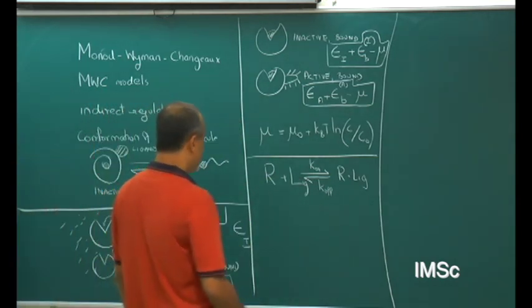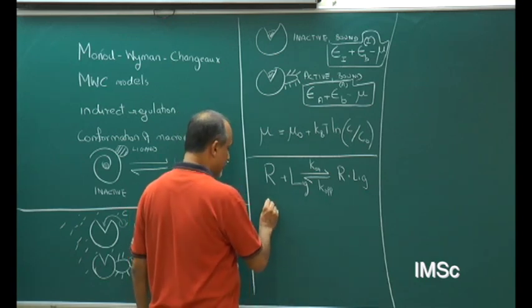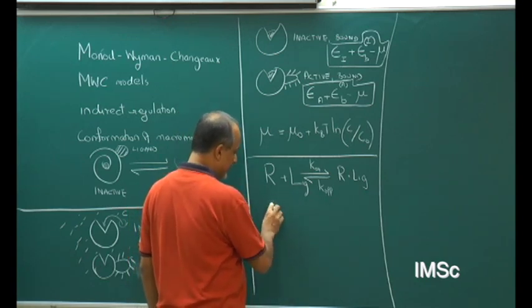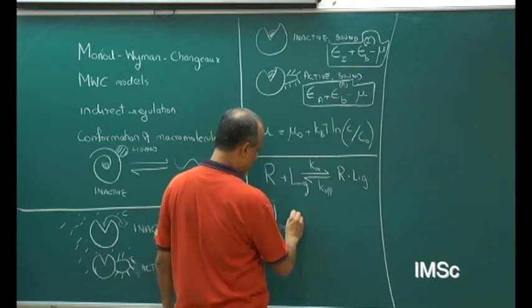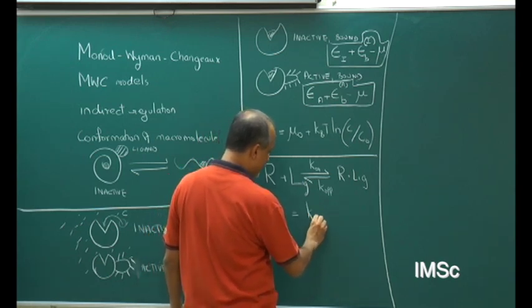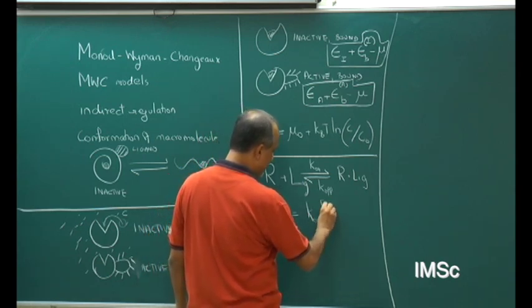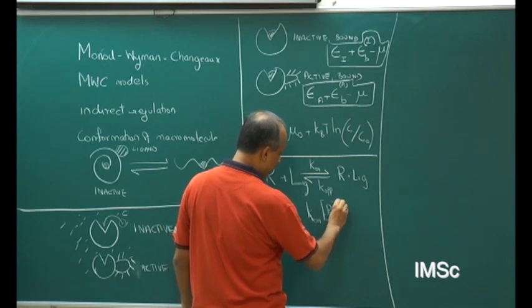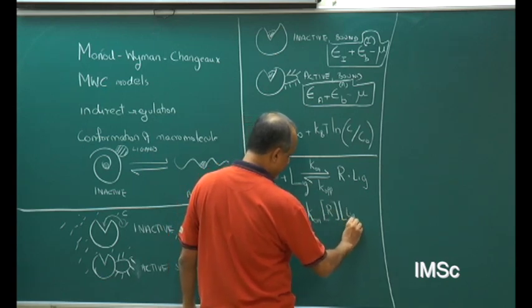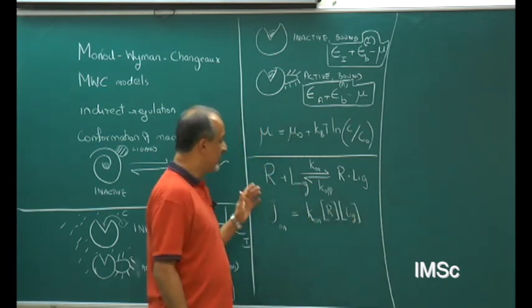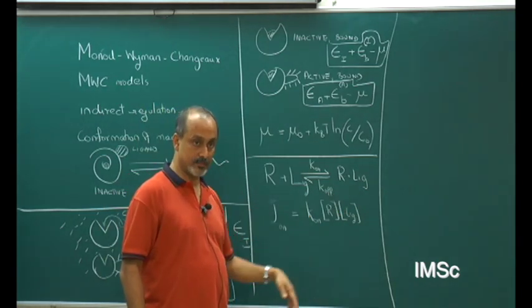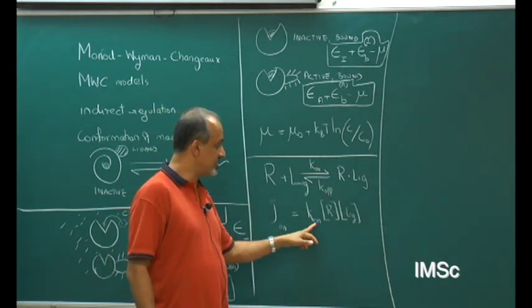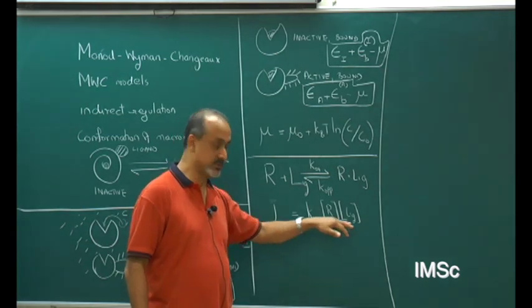Okay. So let us look for the current in the forward direction. So this is J for the on case. This is just the rate at which the reaction happens times the concentrations of the components involved in the reaction. So this is the conversion, the amount of product being created per unit time. It's the rate at which the reaction happens times the concentration of the different reactants.